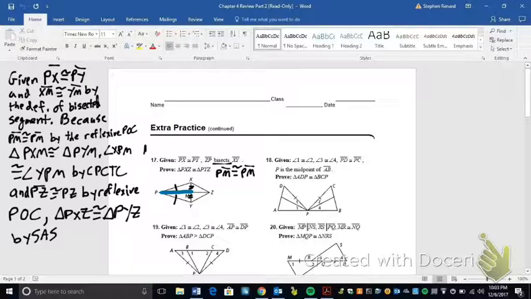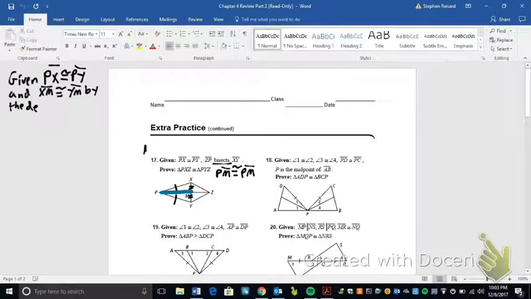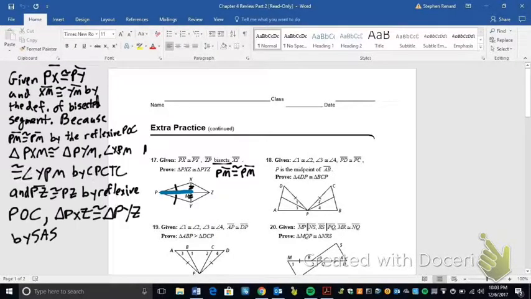So here, what we did first was we proved, okay. So we were given that PX is congruent to PY and that ZP bisects XY. What does bisect mean? Bisect means it cuts it in half. So therefore, XM and YM are congruent. So we know that PM is congruent to itself.